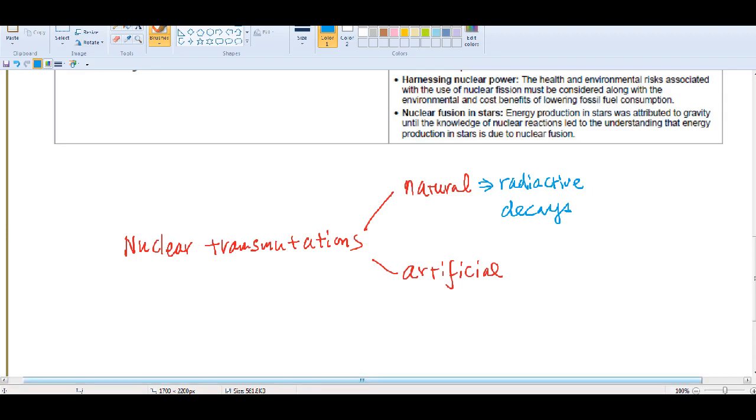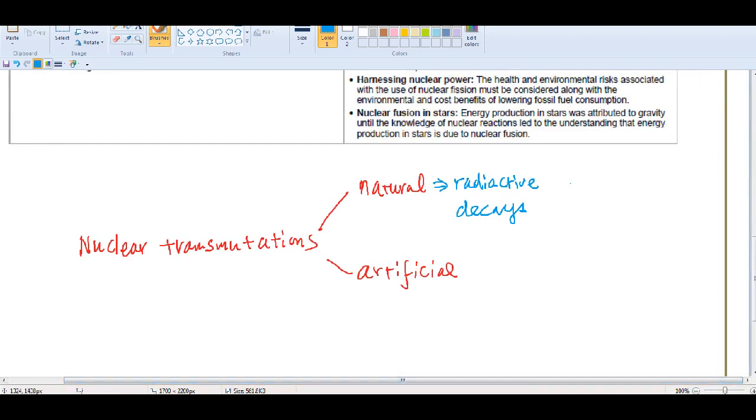All right. So for radioactive decay, energy is released, and also there are some small particles. But when we discuss the scale of the transmutation, radioactive decay is just a small scale of transmutation, because normally there will be a slight change in the number of nucleons, or the number of protons or neutrons.